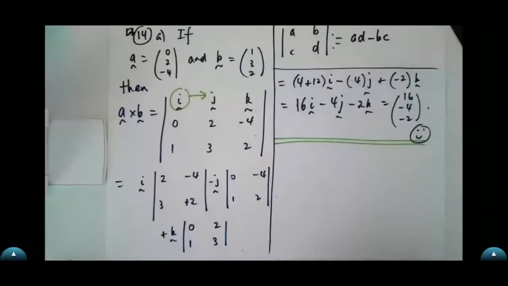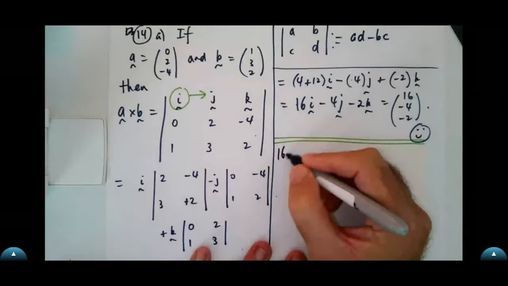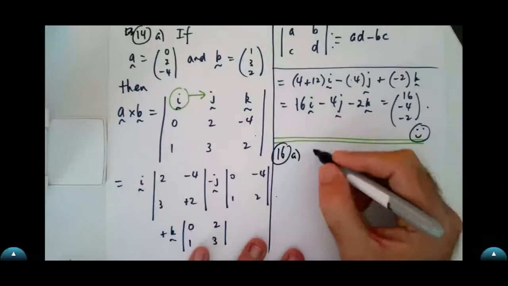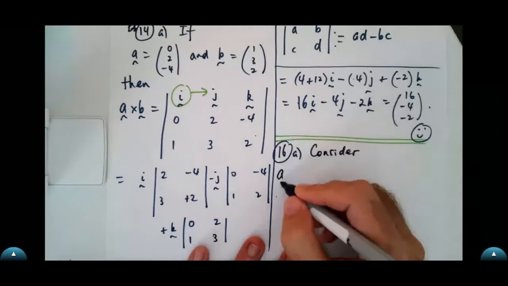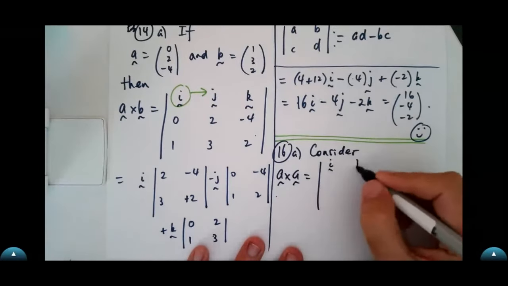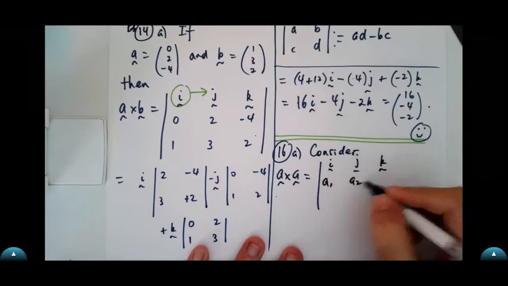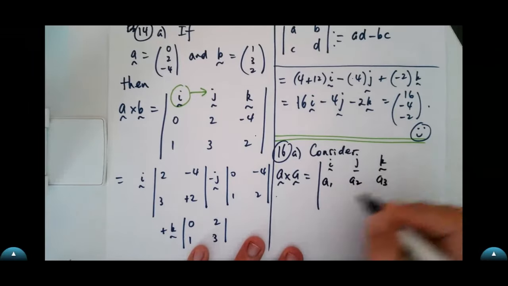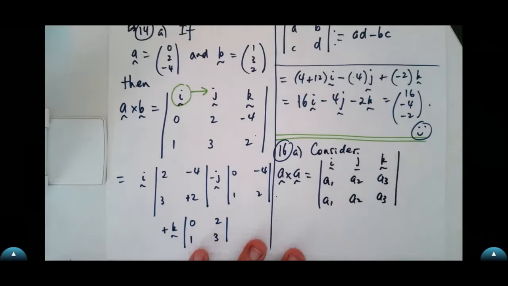Okay, so this is 16, oops, 16A. So let's consider A cross A, and I'm just going to work that out using the determinant method, and that's how I would do it. And then you just expand it, right?